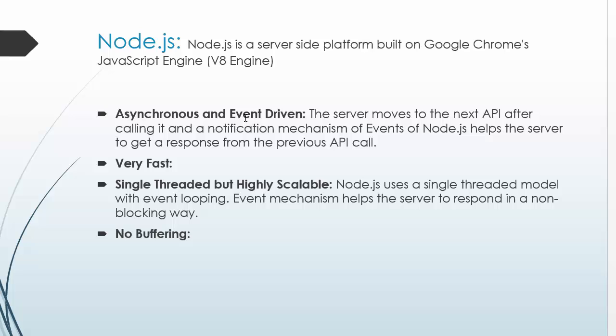It just moves on to a different call, and when one call finishes, it automatically gives us a notification. It is very fast because it is based on Google Chrome's V8 engine, and it is single threaded but highly scalable. Because it is single threaded, it uses the concept of event looping, and it doesn't do any buffering.